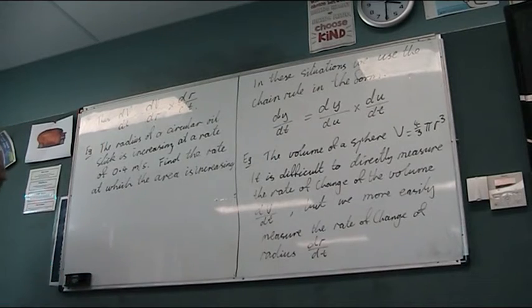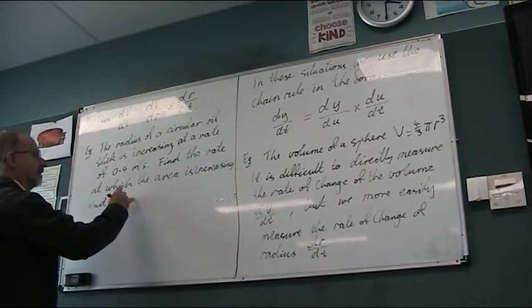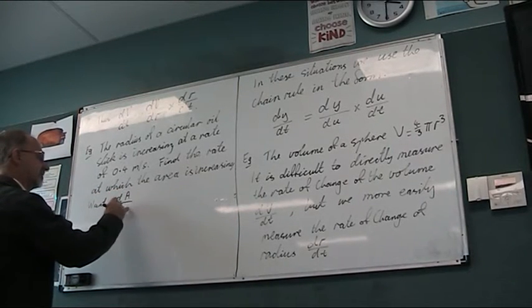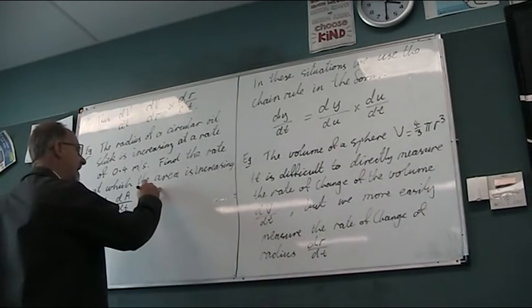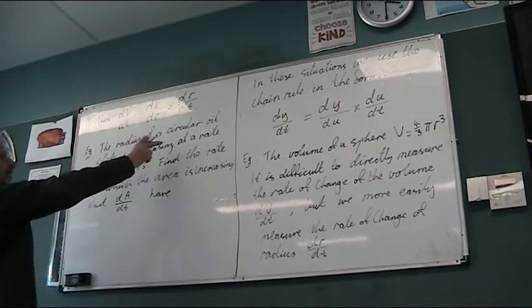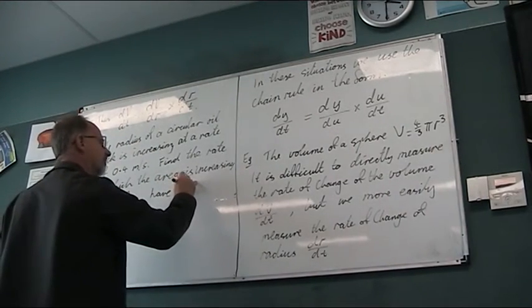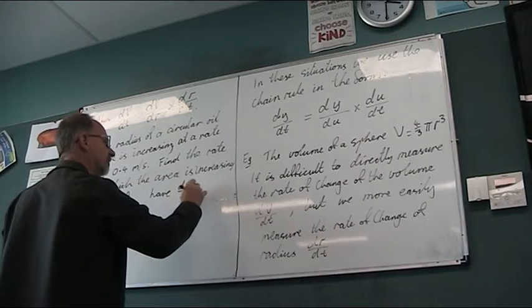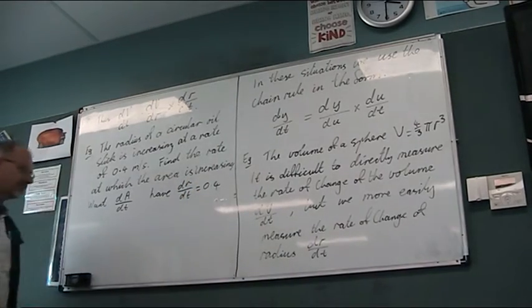So this is what we want: how the area is changing with time. And we have the radius of the oil slick increasing, so we have how the radius is increasing with time, and that's equal to 0.4.